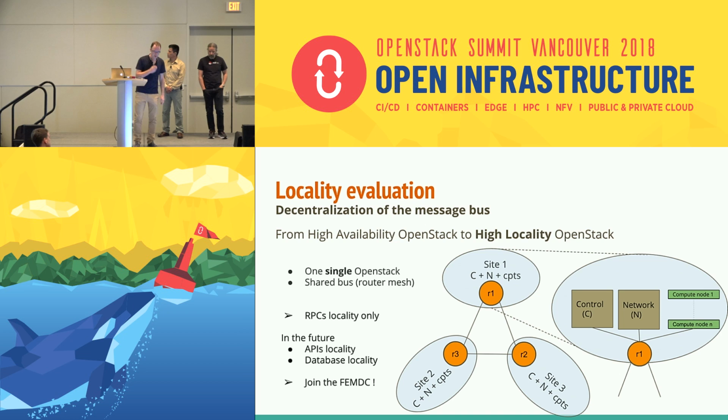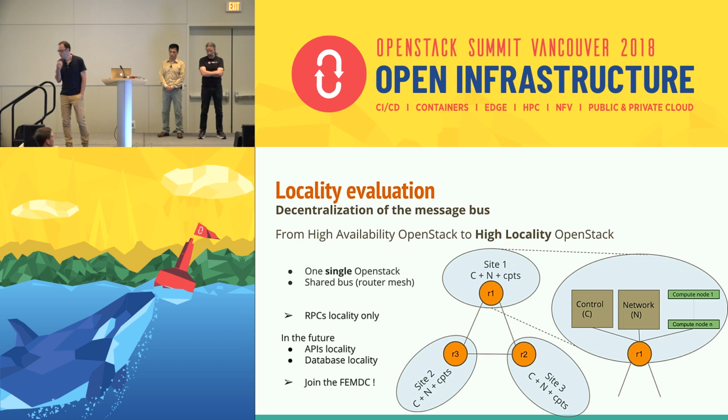So as a conclusion for this part, this is early work we are currently doing under the umbrella of the Fog, Edge and Massively Distributed working group. We are trying to think of how we can leverage this routing mechanism, this locality feature and scalability of the router mesh within OpenStack.